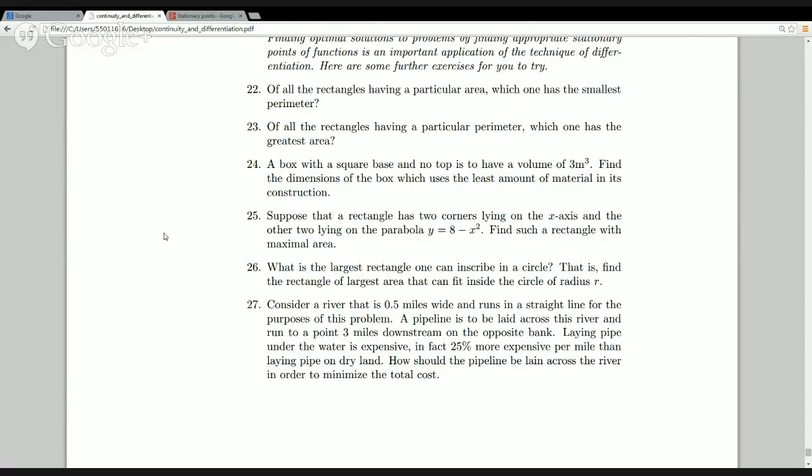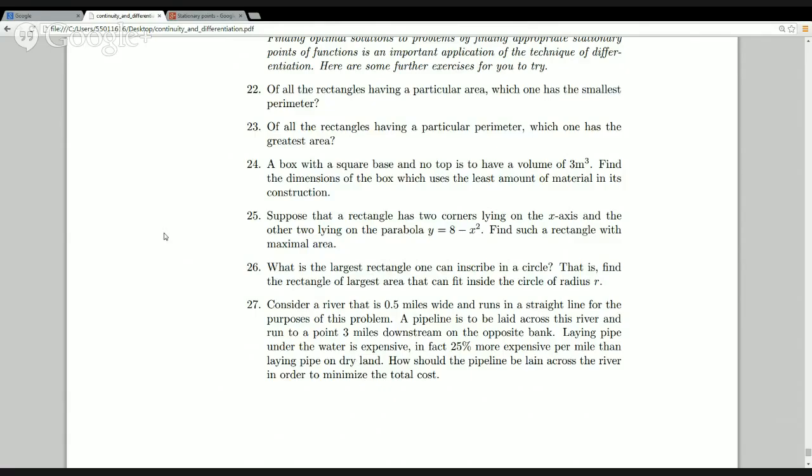Question 27. You need a good sketch for question 27 to get you started. Question 27 says we've got a straight river and we want to build a pipeline across the river from a point here, A, to a point B there.